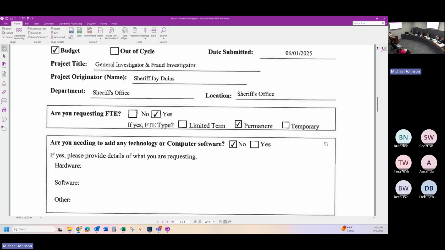And then also to be able to focus on more investigations or fraud investigations, as he's been busy with background investigations. So there's just a lot on his plate. But at this time, I'm going to table that request, but just want to make sure that you're aware that request will be presented again in the future.